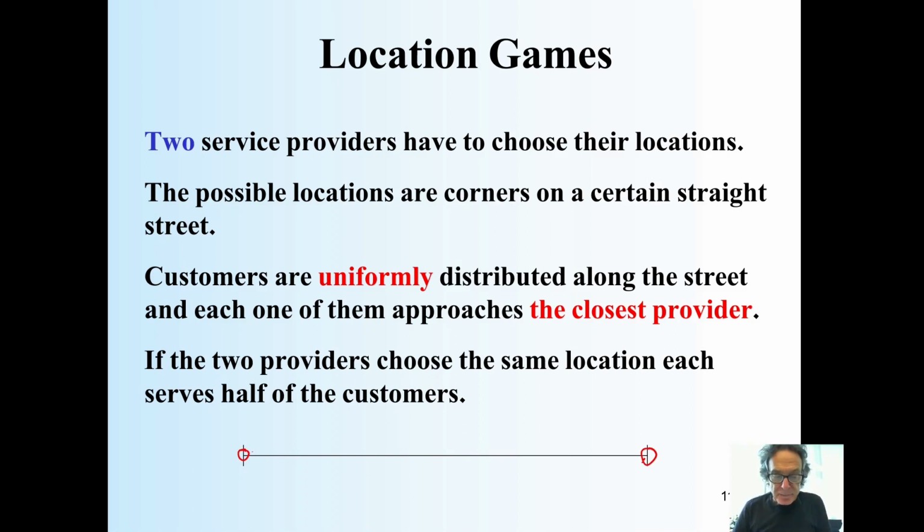So again, customers are uniformly distributed along the street, and each one of them approaches the closest provider. Namely, if I'm living here, I'll go to this provider, and I'm not going to go to the other side because it's too long. This really captures the fact that I prefer the feature of this company to the feature of that company.